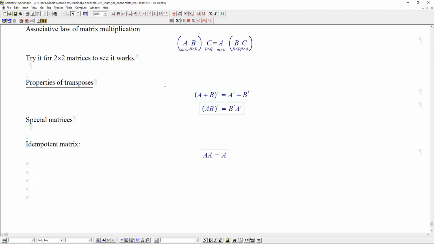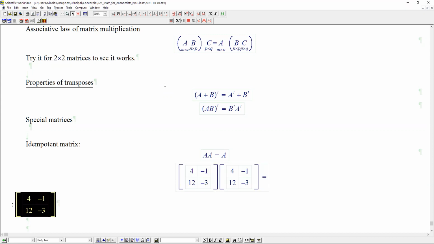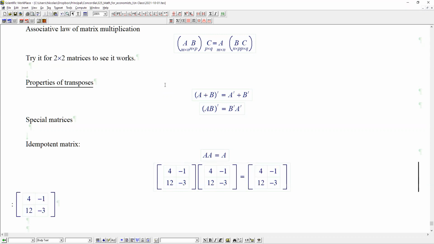So for example, if I have a matrix that's 4 minus 1, 12 minus 3, times the same thing, it equals 4 minus 1, 12 minus 3. That's very strange, very weird.